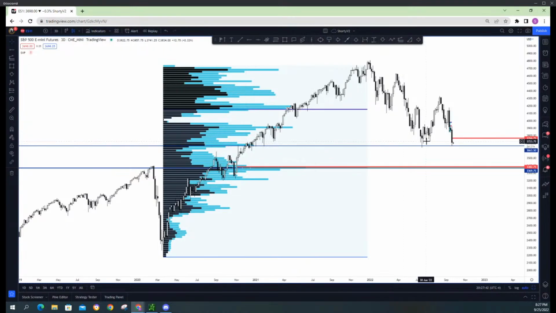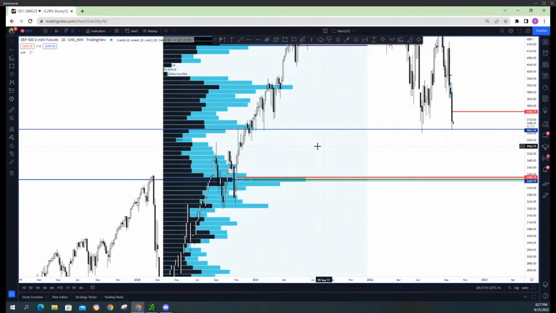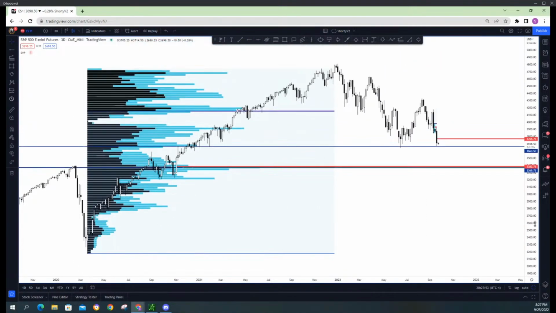This shelf is also fairly important here at 3363. I would say that we're going to have some buyers at 3650 just because of the retail, but I think they might not like the reaction that we get if we break it.